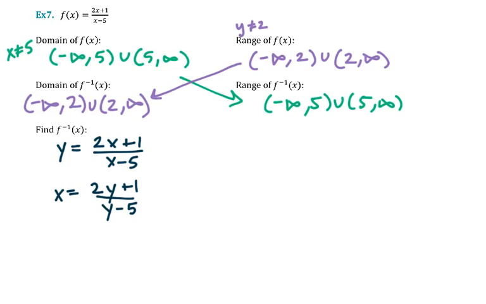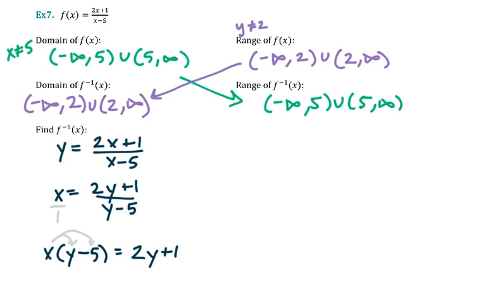So what we want to keep in mind is that x on the left is over an invisible 1. And what we can do is we'll cross multiply. So I have x times y minus 5 equals 2y plus 1. So I've cross multiplied. I've got it all on one line. And then I'm going to distribute. I'm going to take that x and multiply by y minus 5. I'm going to stretch that through there.